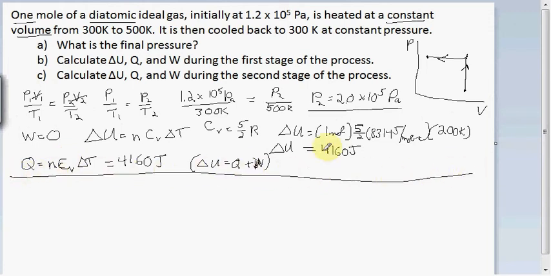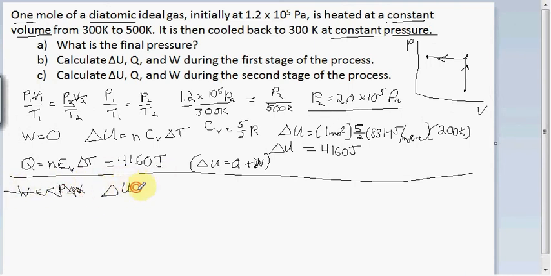All right, so let's get to the second stage of the process. This is a process with constant pressure. Constant pressure means that I can calculate W by minus P delta V. Although I don't have any information about volume, I could get volume using the ideal gas law, but let's see if I can get away without doing that.